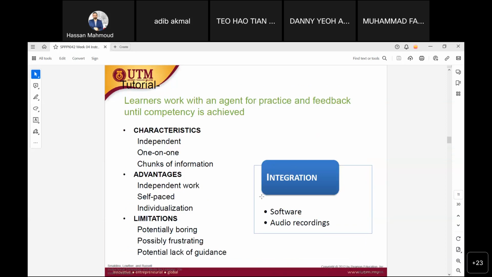So the characteristics of tutorial are independent, one-on-one, and a lot of information in chunks. The advantages: it is very much appreciated and desired because it is independent work. When we talk about independent work, you are willing to learn about this subject or software.